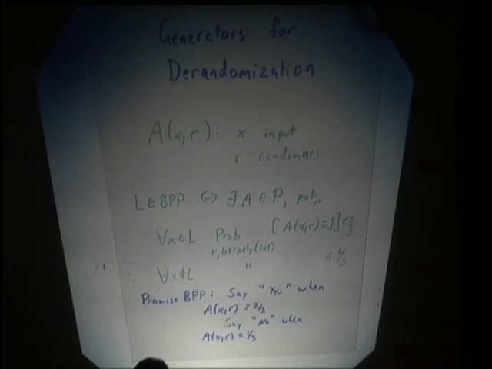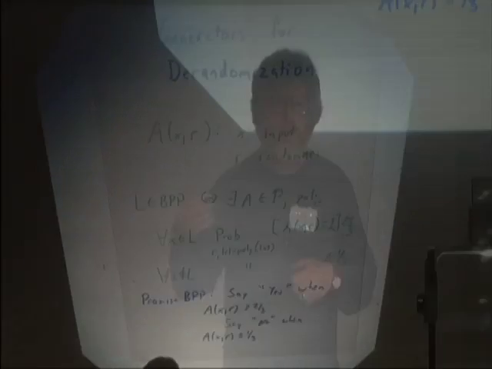To simulate a promise BPP problem: when a probabilistic algorithm says yes with probability 2/3, you, the deterministic simulator, have to say yes. When it says no with probability 2/3, you have to say no. And when that promise isn't kept, and it's murky, you can say either one.